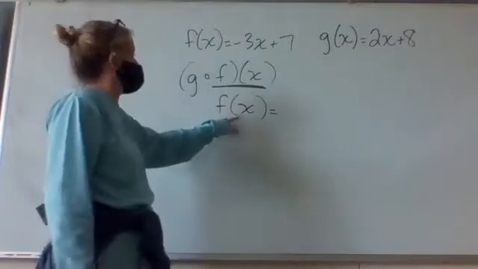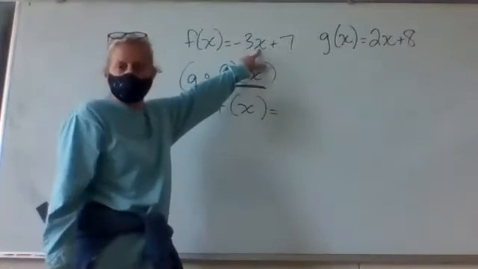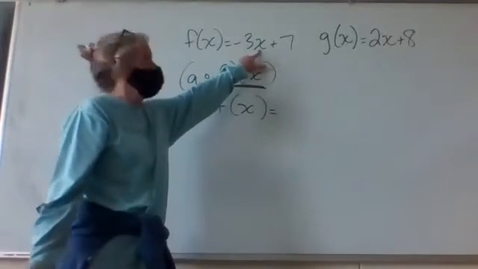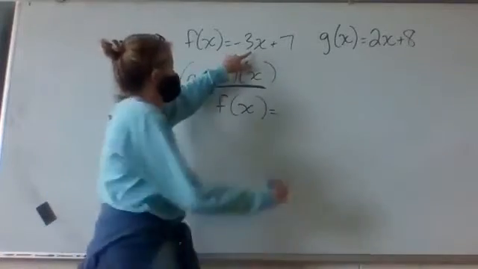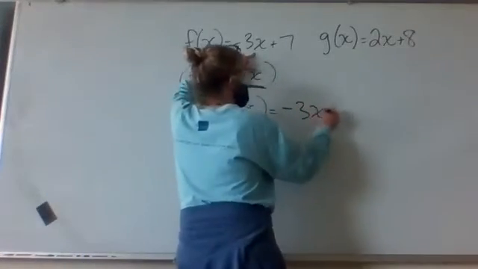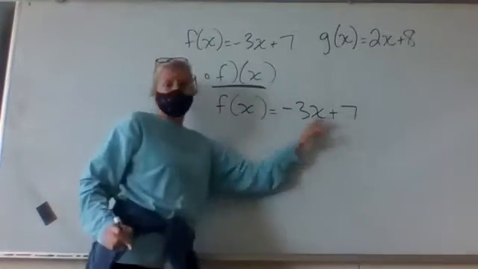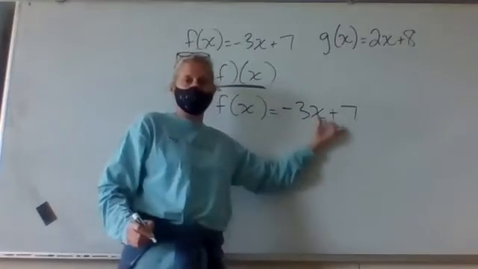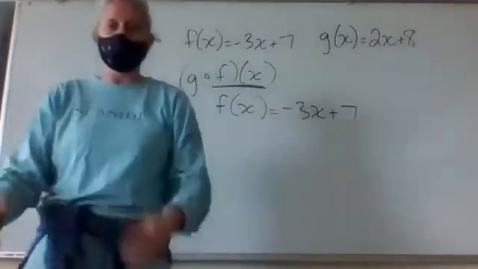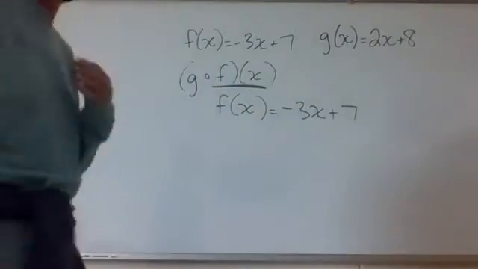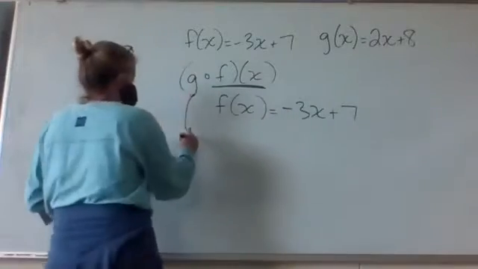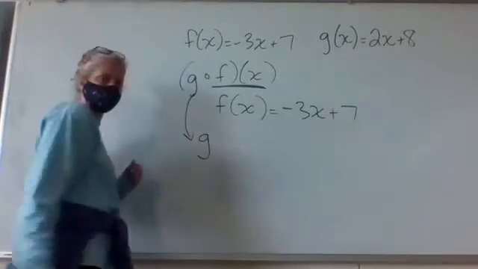Or in other words, it's saying go to your f function and replace the x with x, which means don't change it. So f of x equals negative 3x plus 7, and I can't simplify that, right? I can't combine those like I could put the numbers together on that last problem. I still need to bring down this g.